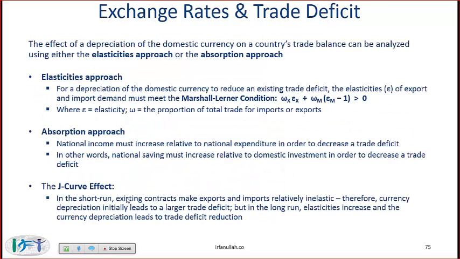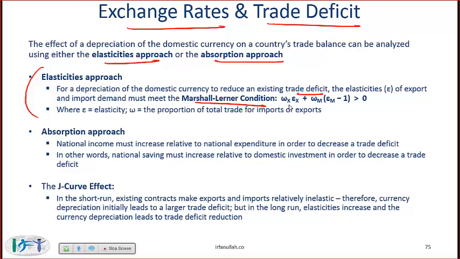The final slide here, exchange rates and trade deficit. The effect of a depreciation of the domestic currency on a country's trade can be analyzed using either the elasticities approach or the absorption approach. So elasticities approach first. For a depreciation of the domestic currency to reduce an existing trade deficit, the elasticities of export and import demand must meet the Marshall-Lerner condition, which says the following.